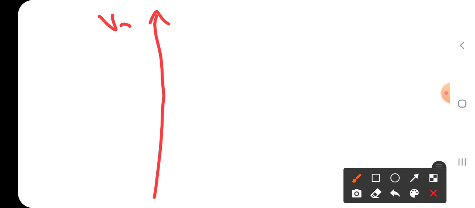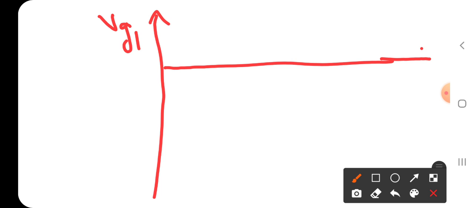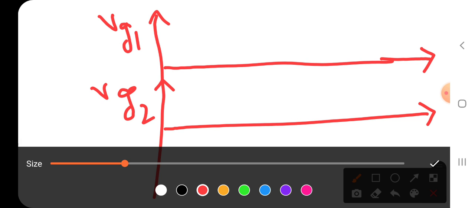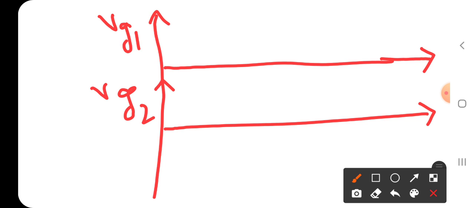This is VG1 and here it is VG2. I will draw the remaining later. So first you take these two, and leave some space after these two waveforms, because the remaining three you need to draw.